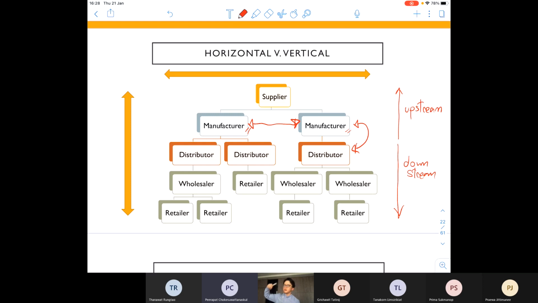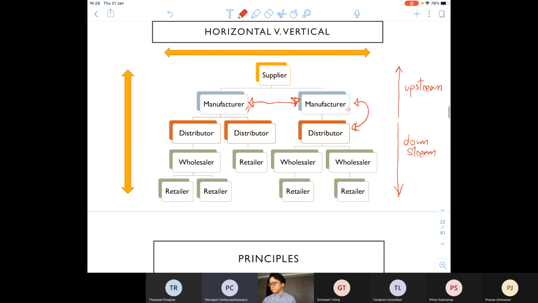Downstream is pretty much going towards end consumers. Upstream basically means you go towards raw material suppliers. That's the term that we're going to use essentially always in this particular subject. All right, clear?